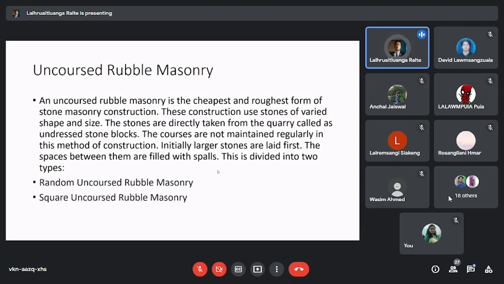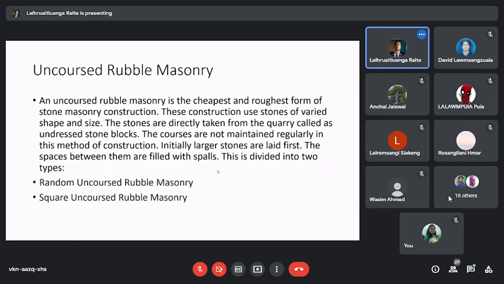Even though there are hard stones and stones like limestones which are easier to mold, there are other types of stones which are not too easy to mold, and that is why they do not come with definitive shapes and sizes. So even in these different types of masonry we are going to talk about, there can be multiple variations. All right.